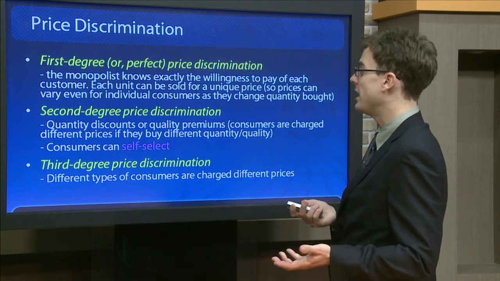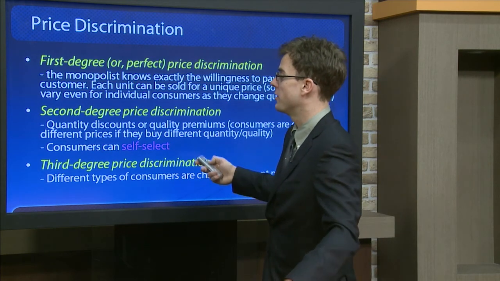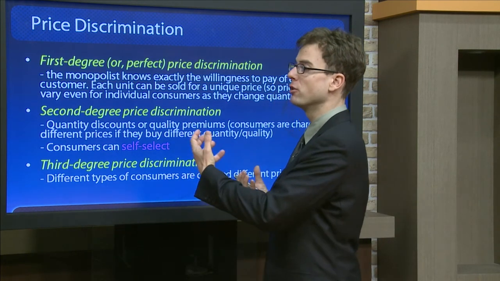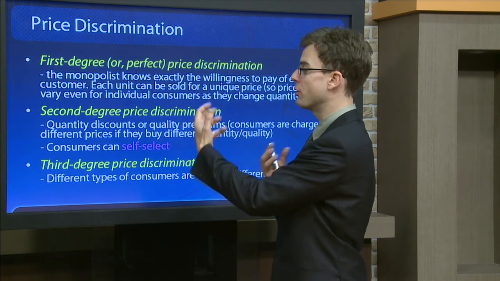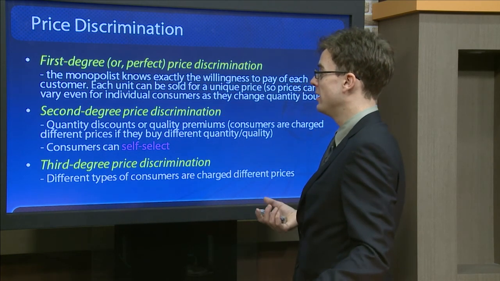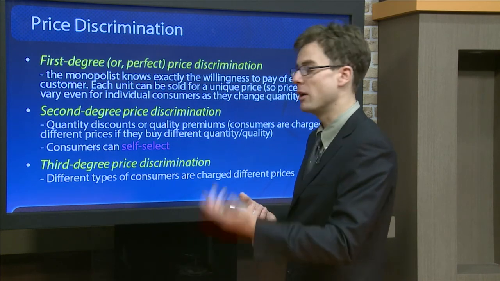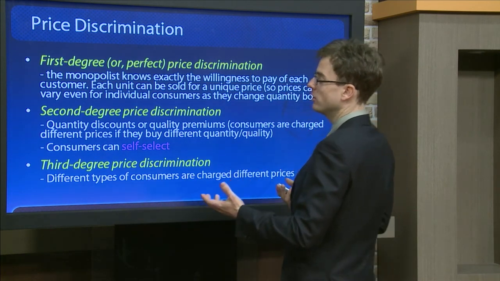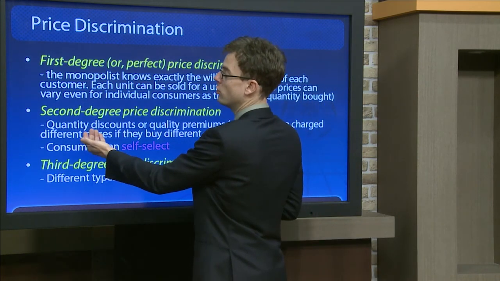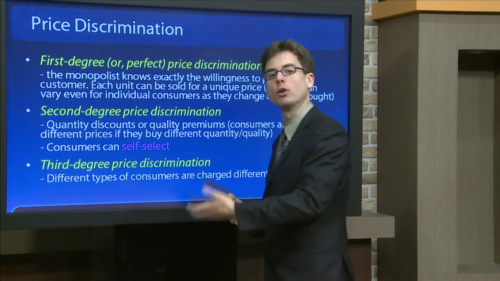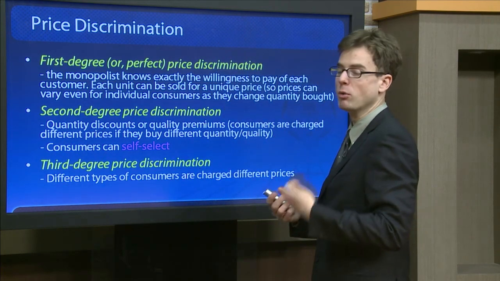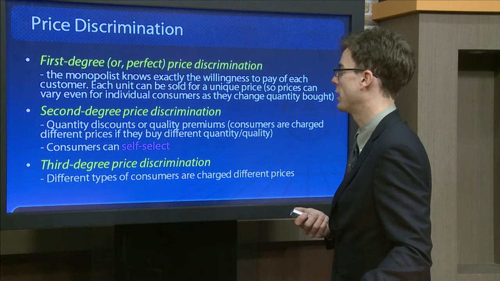So in that case, the producer offers different bundles, different quantities at different prices, and consumers, based on their willingness to pay and ability to pay, choose whether they want to buy a larger quantity at lower average prices or a smaller quantity at higher average prices.